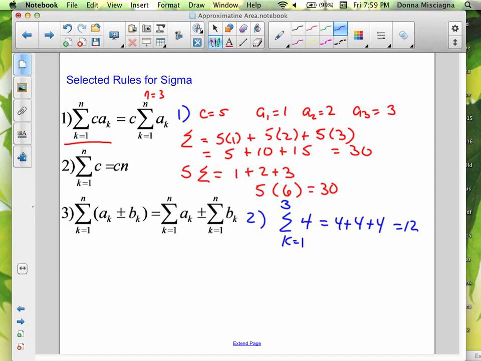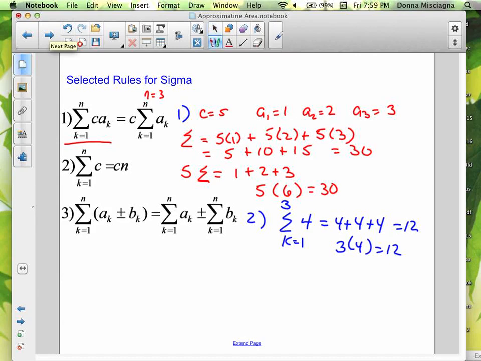So if you're finding the sum of a certain number of the same constant over and over again, you don't have to write it all down. n times 4 is going to be your sum, because you're just going to have that same value added up again. So it's just showing repeated addition as multiplication. That's all that second rule says.